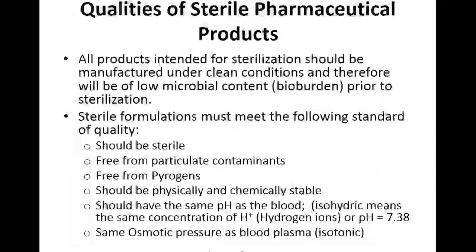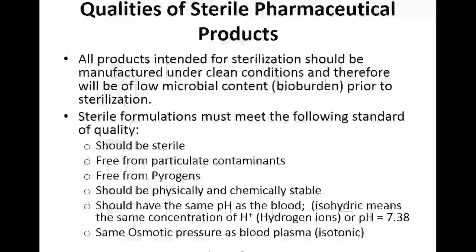These are examples of instruments that must be sterile, because most of the time they all come into direct contact with the skin. These are the types of material or product that must be sterile. You have to know this one. Very, very important to your life.